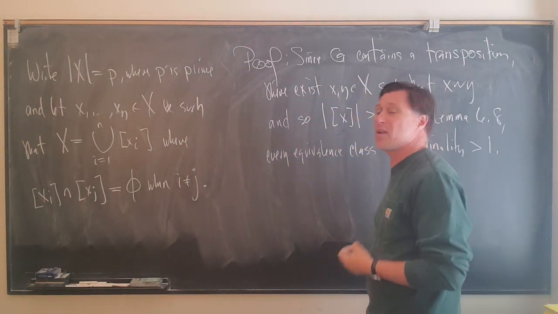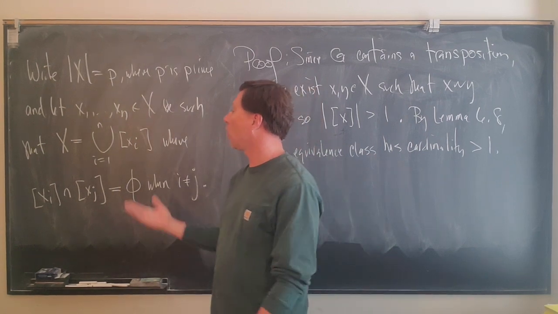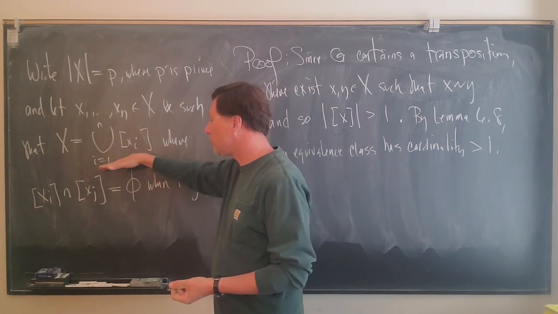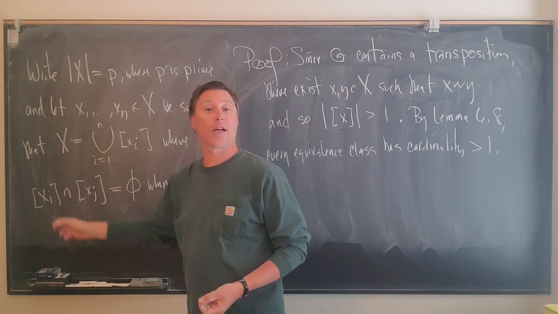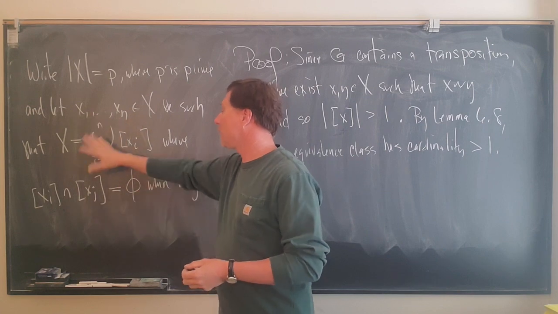What are we saying here? We know that the set of equivalence classes forms a partition of the set X, and so we're just writing that out. The partition means that X is equal to the union of some disjoint collection of equivalence classes, so we're just choosing the x sub i's that make that happen.